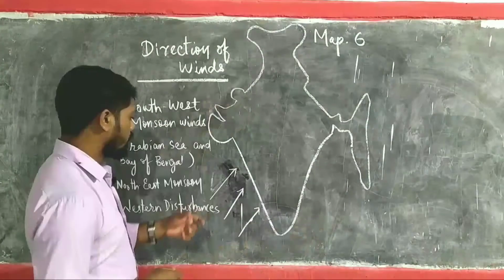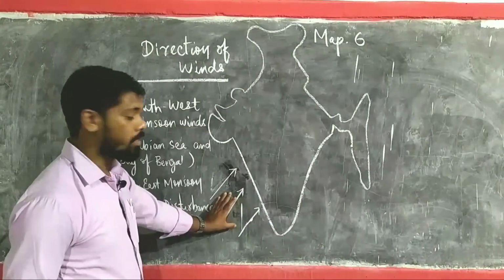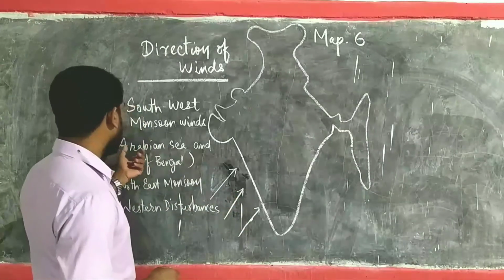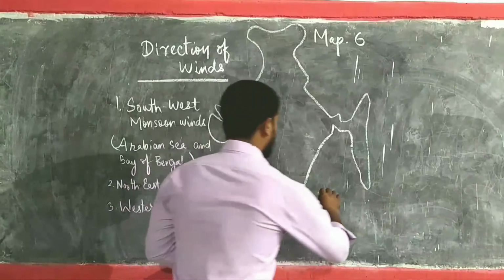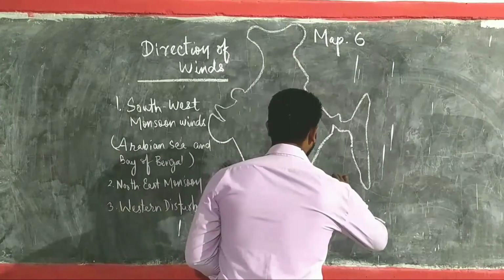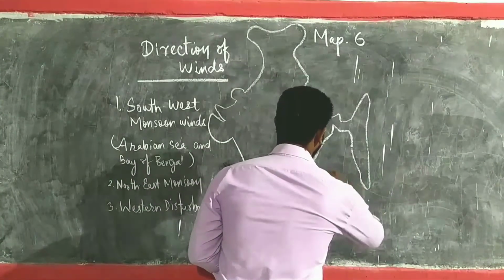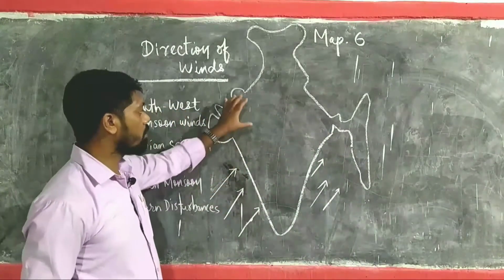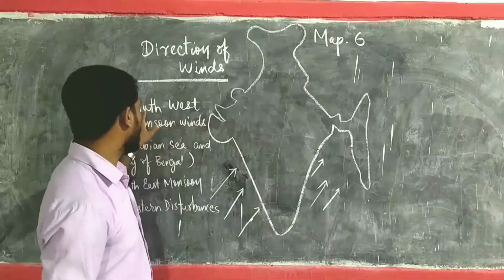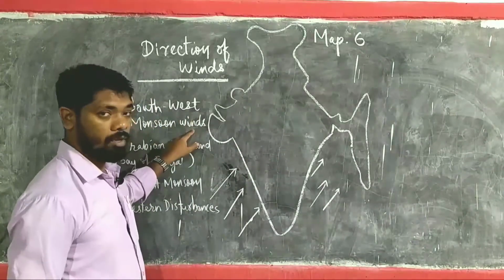to label it. This southwest monsoon is labeled on the Arabian Sea, and when we label on the Bay of Bengal, the direction of the wind has to be the same as it is, right? The pattern will not change wherever you draw the southwest monsoon on the map. Is it clear?